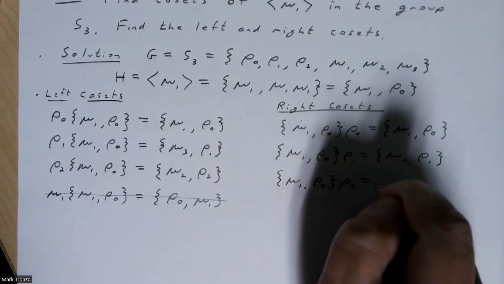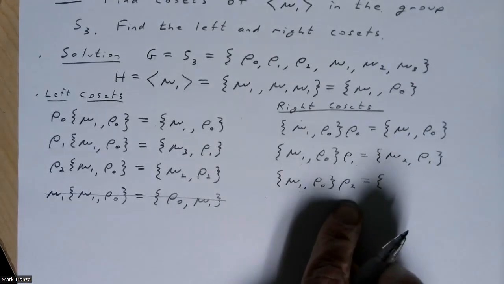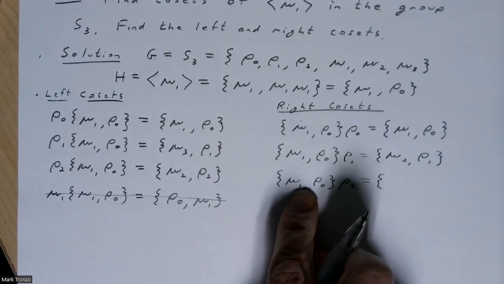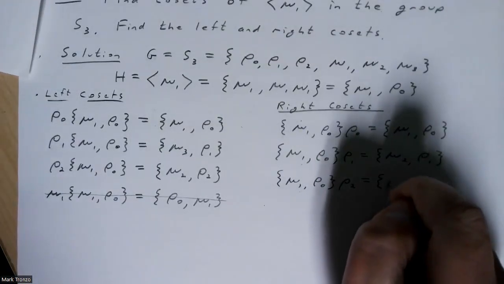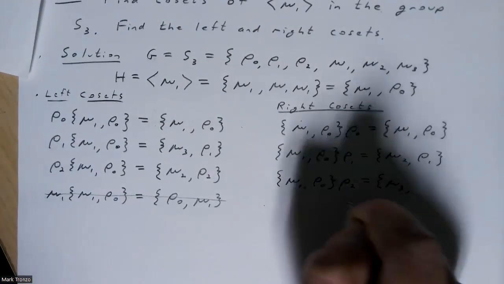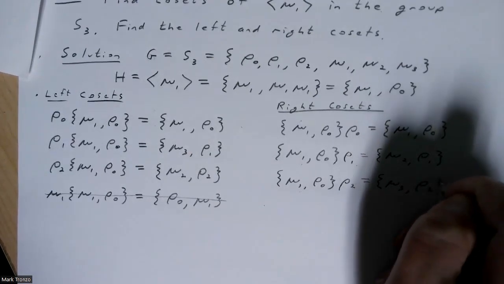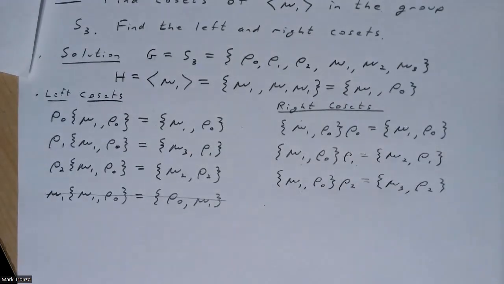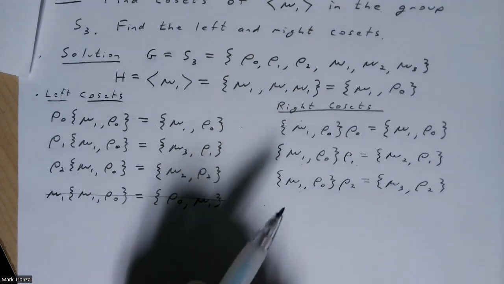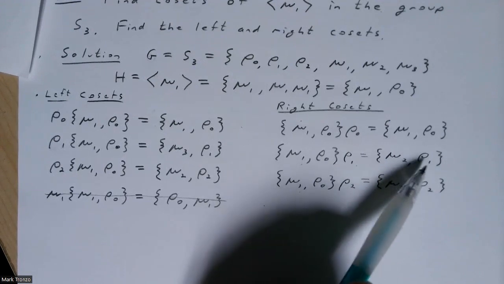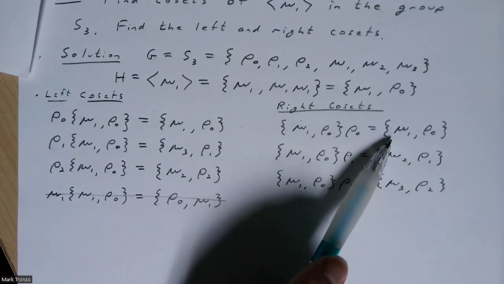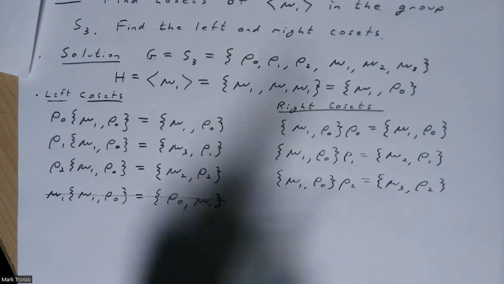And then multiply on the right by rho 2. So we'll have to look at our table again here. This time it's going to be mu1 rho 2 is mu3, then times the identity, rho 2. And again, we have partitioned the group. Notice, because we have rho 1, rho naught, rho 2, mu1, mu2, mu3, like that.